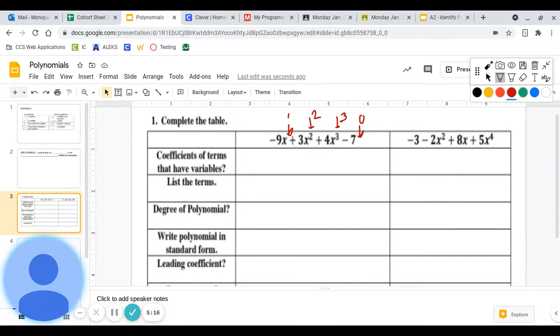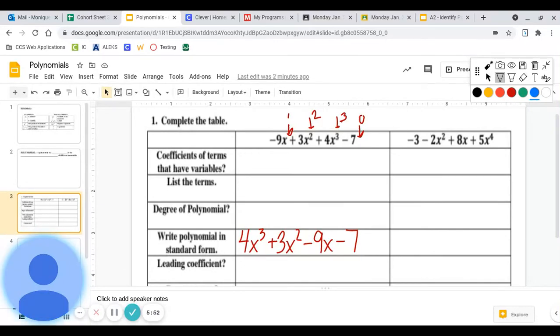So I'm going to start with the 4x is positive. So 4x to the third is going to come first because that's the greatest exponent in this polynomial. Next, I'm going to move down to 2. So that's the 3x squared term. And then down to 1, taking the sign in front. So negative 9x. I don't have to write the 1. And then the last thing with no variable in 0 degree would be the negative 7. So this is the standard form for the first one.